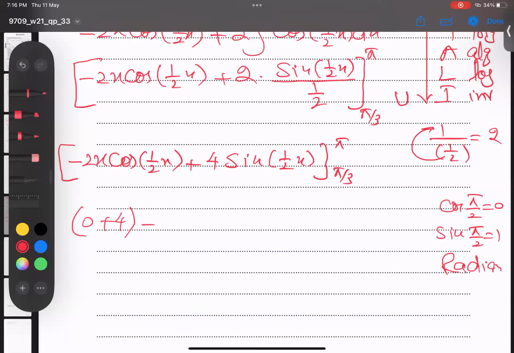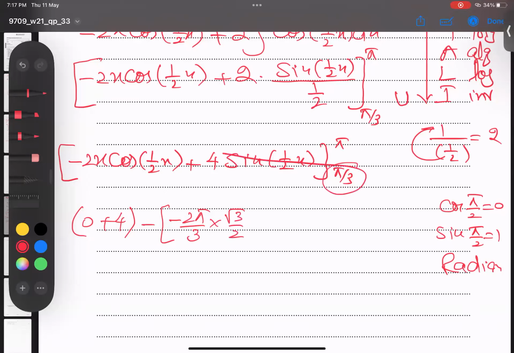Now I'm going to plug in the lower limit. When I plug in pi by 3 here, students, so what happens outside? This is a negative formula, so I'm not confusing you. So minus 2 pi by 3. When I plug in pi by 3 here, it becomes cos pi by 6. And pi by 6 is 30 degrees. Cos 30 in radian mode is root 3 by 2.